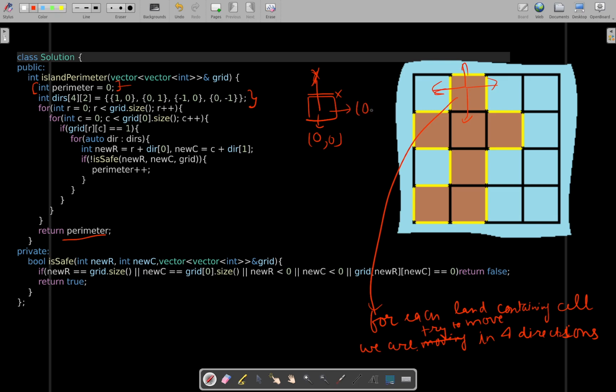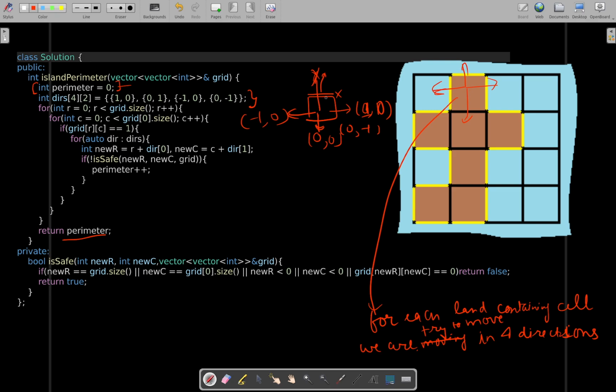which is 1 0. And you can go in this direction also, it's -1 0, or you can come downward, which is 0 -1, or you can go above also.